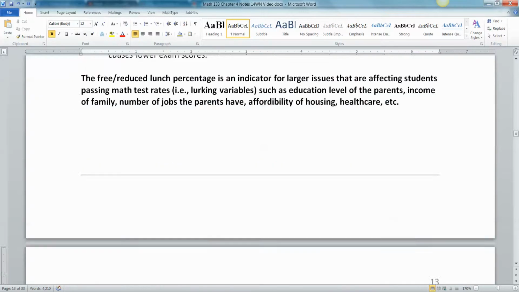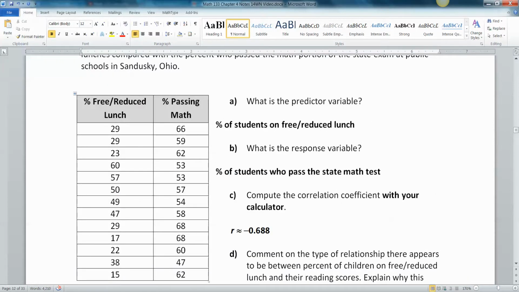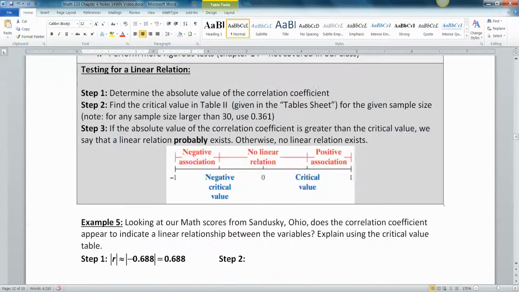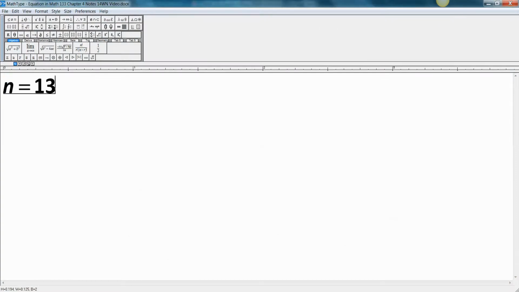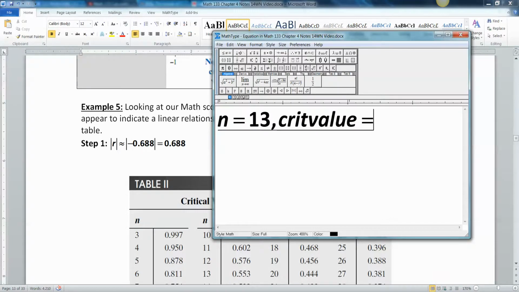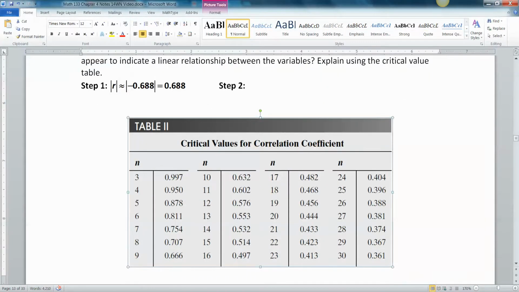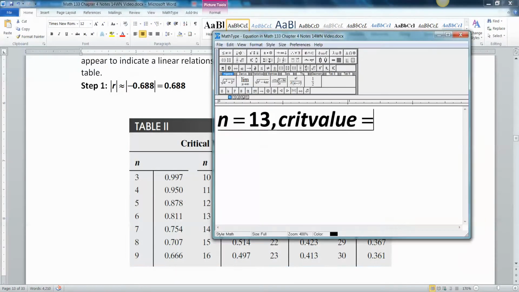So let me go back to the table here, and we can count. 1, 2, 3, 4, 5, 6, 7, 8, 9, 10, 11, 12, 13. So n was 13 for us. N equals 13. So that means the crit value is equal to, and you got to look at the table for it, 13 goes with 0.553. So 0.553.